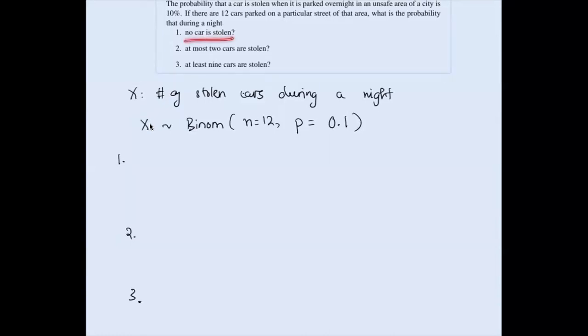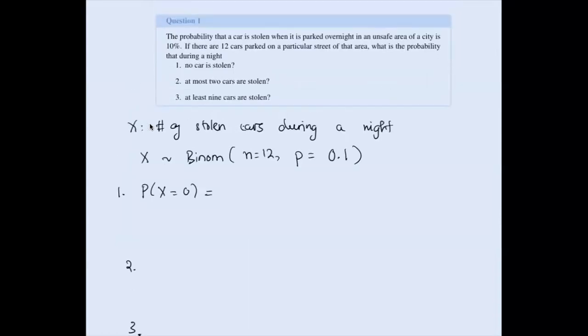For the first one, we want to find the probability that no car is stolen, which means the number of stolen cars is equal to 0. We have 12 cars, and we want none of them to be stolen. So out of 12 positions, I choose 0 positions to have a stolen car.